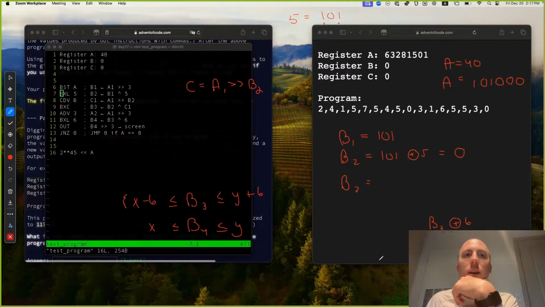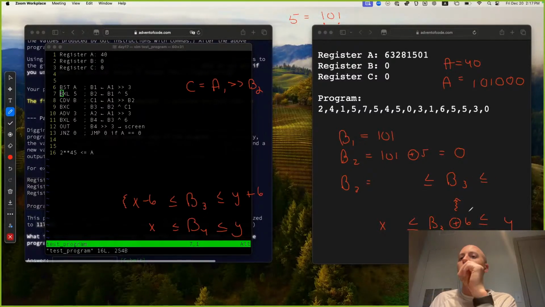So we knew that B3 XOR 6 is less than or equal to X or Y. It's almost like, we have this number and we really want to say that B3 is less than or equal to some values.